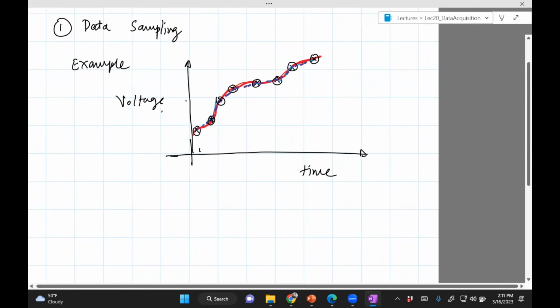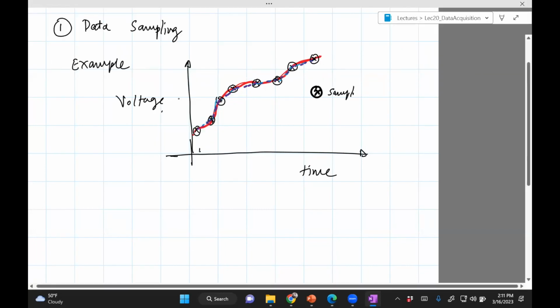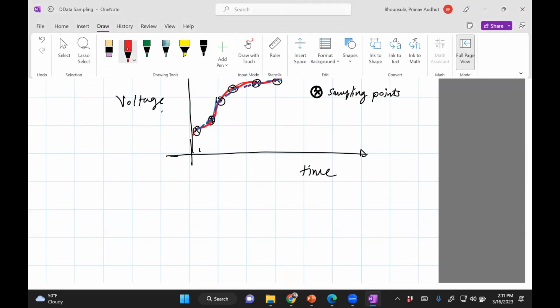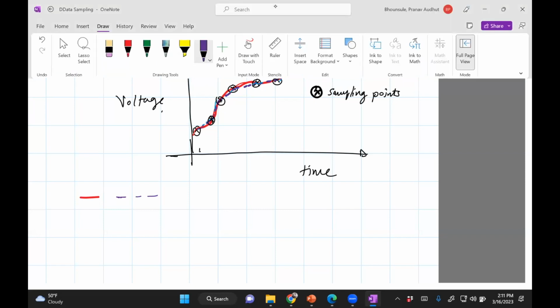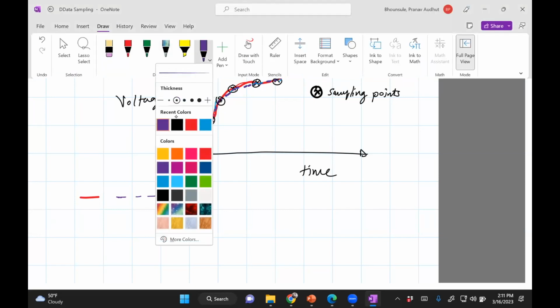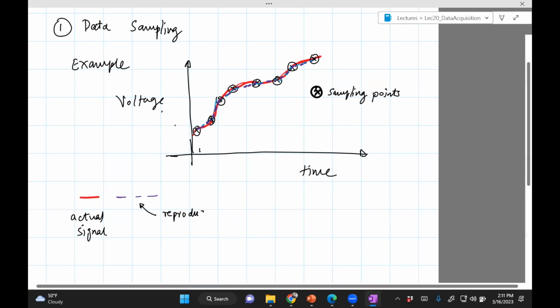So there is something called, just put here, these are the sampling points. And then to summarize what I said, that is the actual data. And this, which is the interpreted data. So this is the actual signal. And this is the reproduced signal.